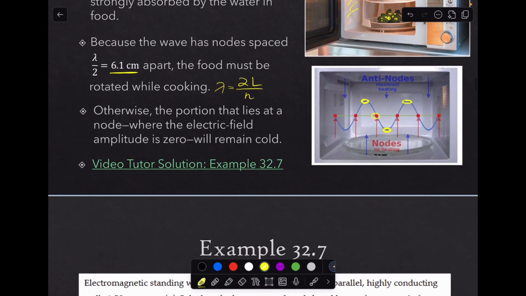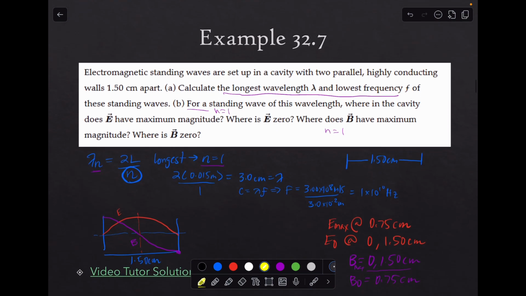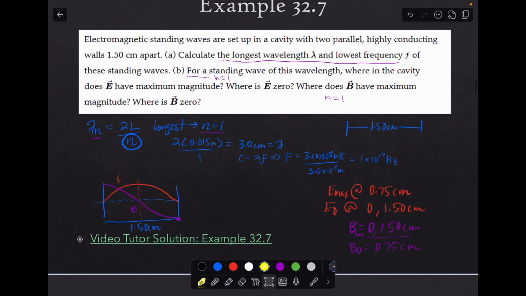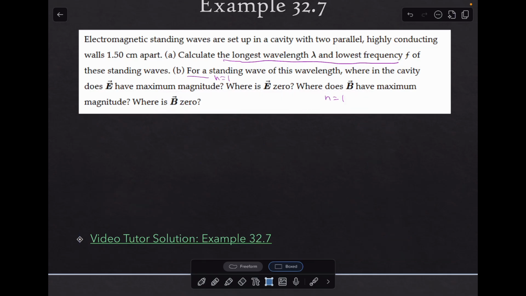Okay, so let's look at this example here. In this last example that we're going to do, we have electromagnetic waves set up in a cavity, and the cavity has a length of 1.5 centimeters.